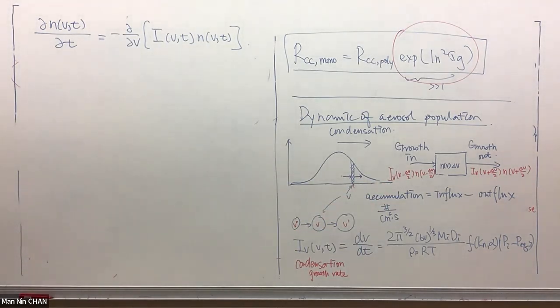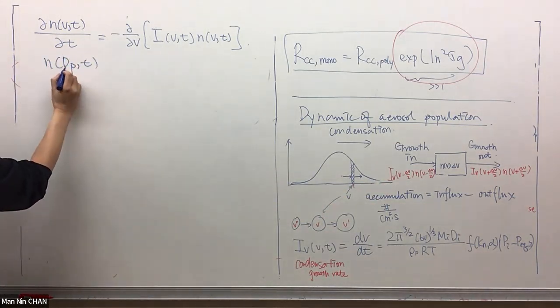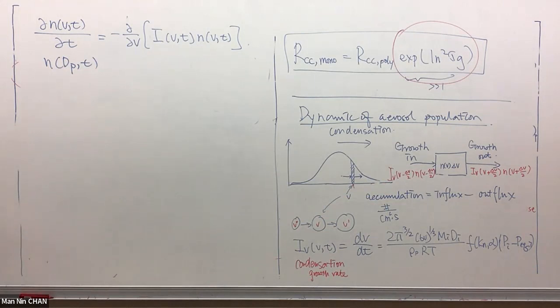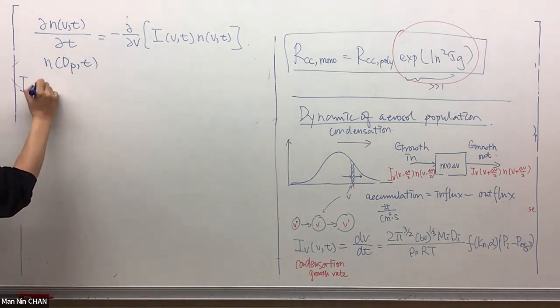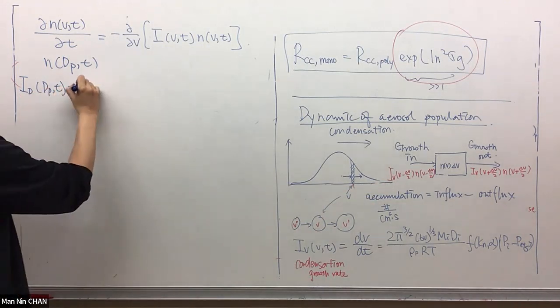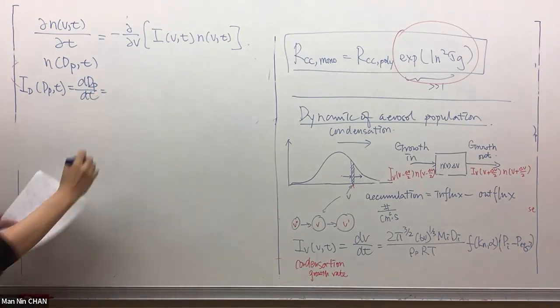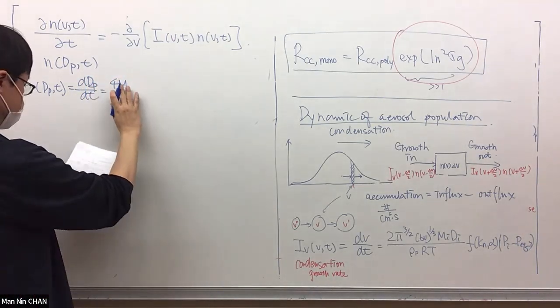We can also use the diameter, because most of the time we want to express the particle size in terms of the particle diameter. So you can also express this in terms of diameter. Basically, this is just the equation we showed you before.